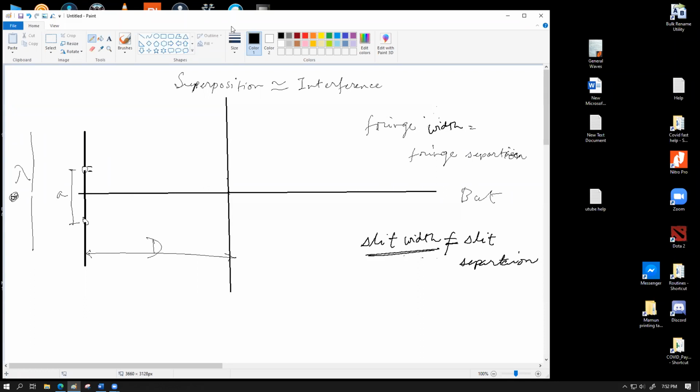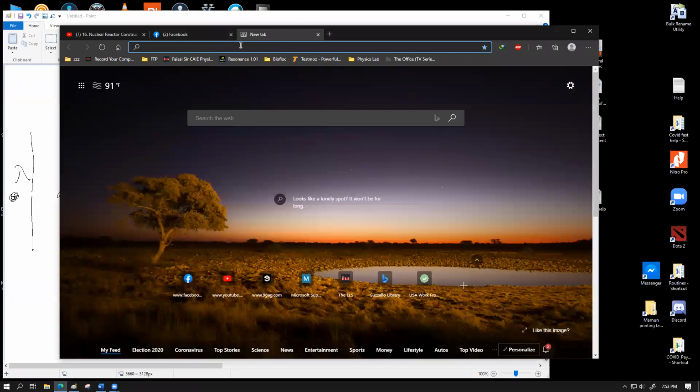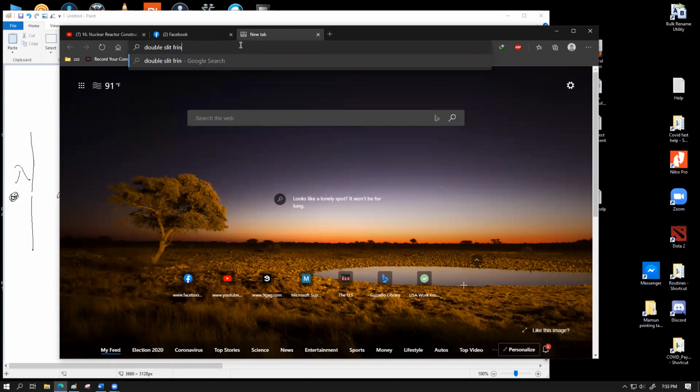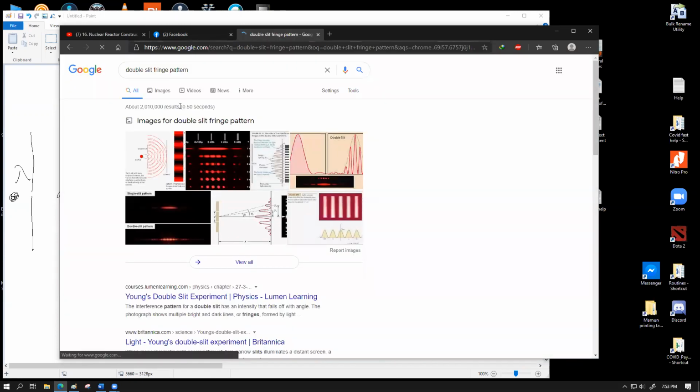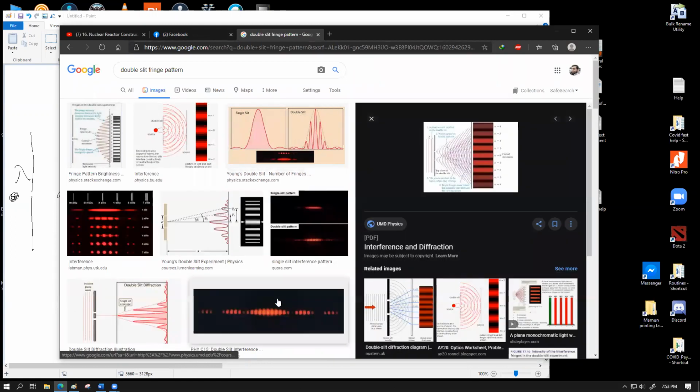I'll tell you why. Other than giving a bit of labeling, let me pick up a picture from the net for the double slit fringe pattern. This one is actually quite nice.